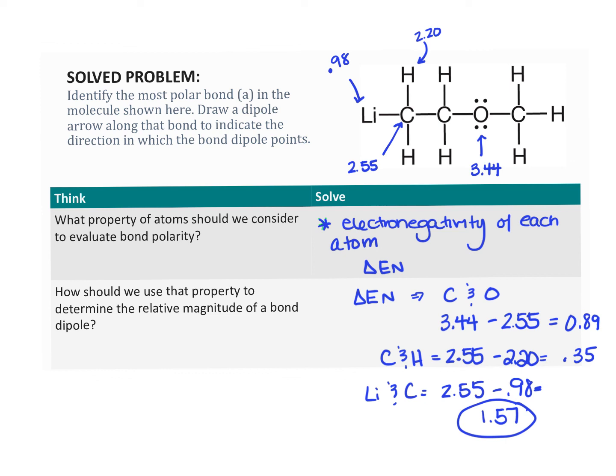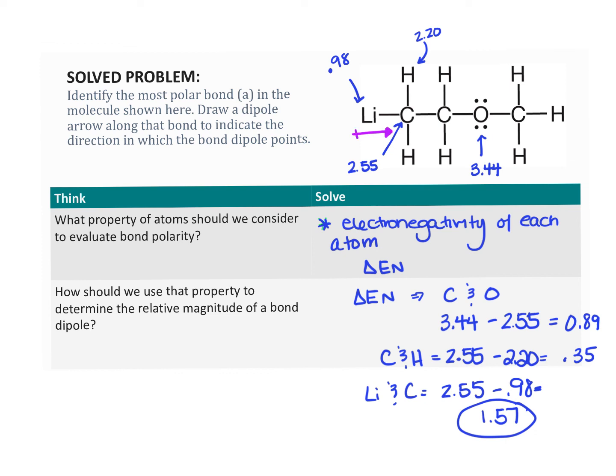And so we're now going to draw a dipole arrow along that bond to indicate the direction in which the bond dipole points. When we do this, we start at the one that's the least electronegative, which is the lithium, and we draw to the carbon, which is the more electronegative, and we leave a plus here at the lithium.